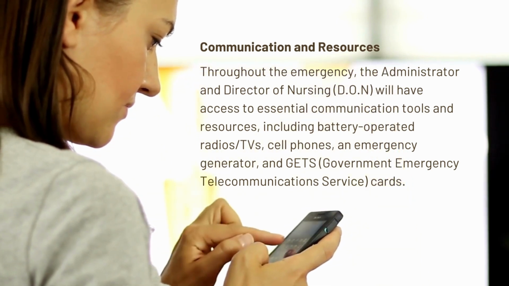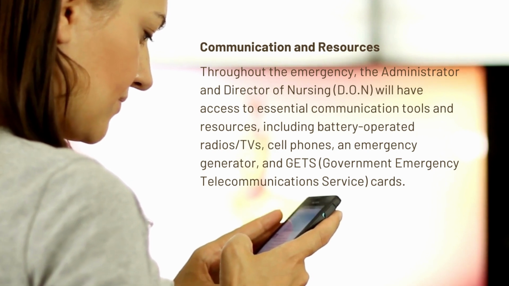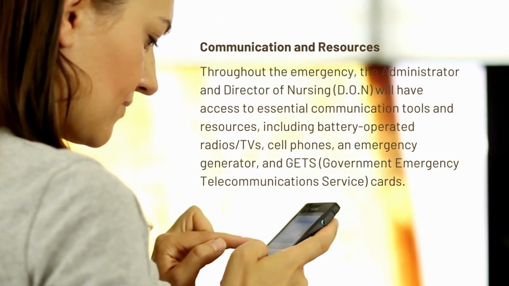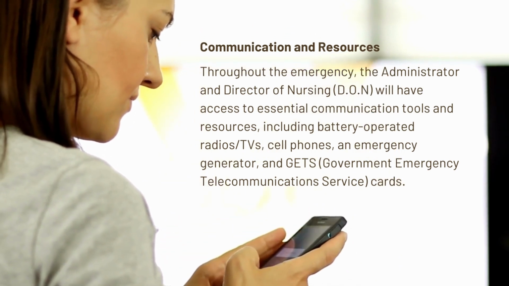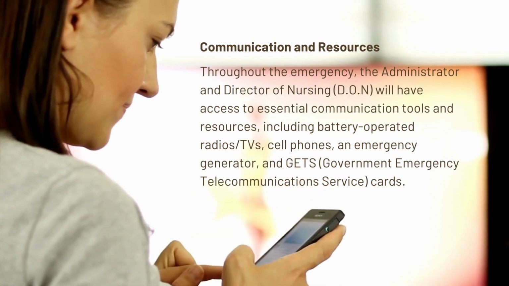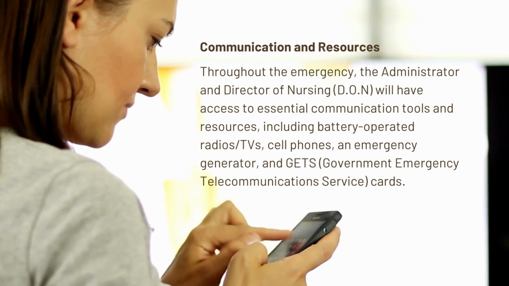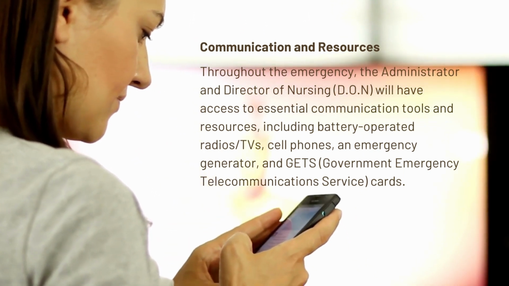Communication and resources. Throughout the emergency, the administrator and the director of nursing will have access to essential communication tools and resources, including battery operated radios and TVs, cell phones, an emergency generator, and government emergency telecommunication services cards.